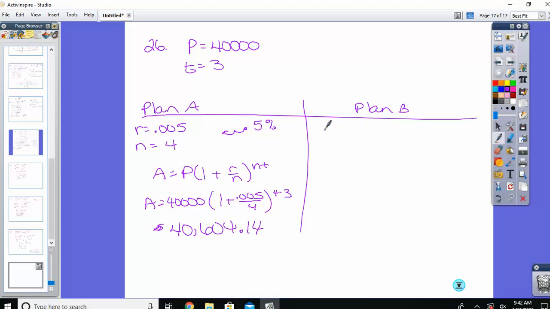Plan B, the rate is 0.4. It has the percent, that means I move it back 2 places, so 0.004. Compounded continuously. If I say continuous, that means we are using the P e to the r t formula.